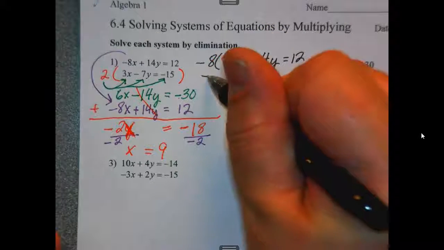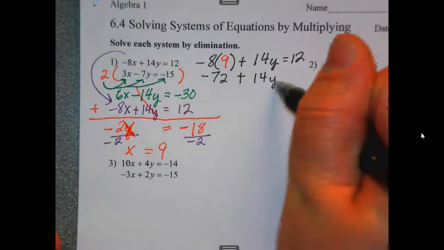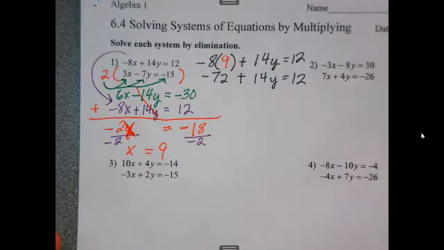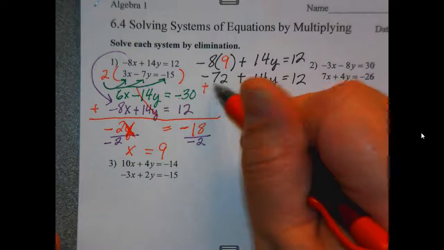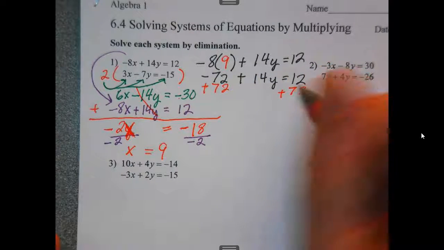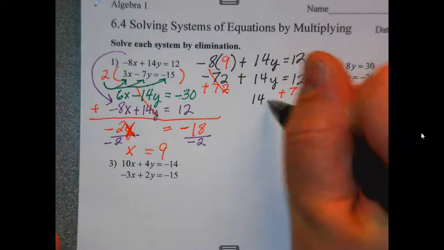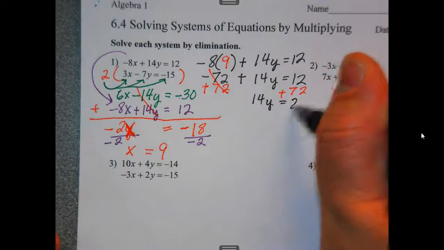So I have -72 plus 14y equals 12. Add 72 to both sides. Boy, I need more coffee. These go to 0. I get 14y equals 84.